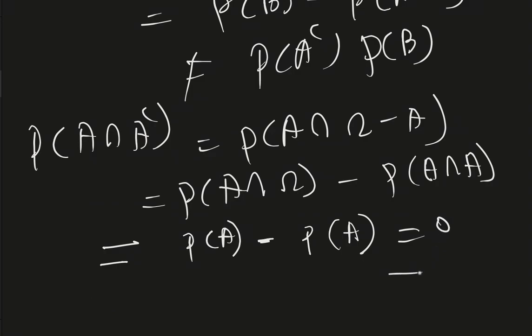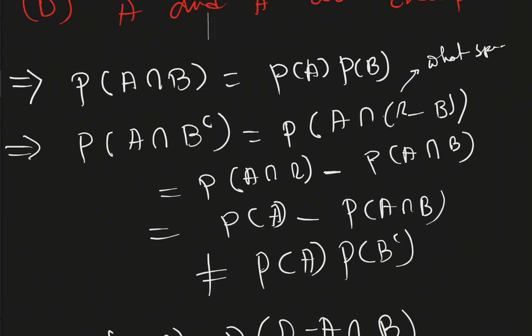This is 0, so this is not equal to P(A) into P(A complement). So I think I am doing wrong everywhere here.